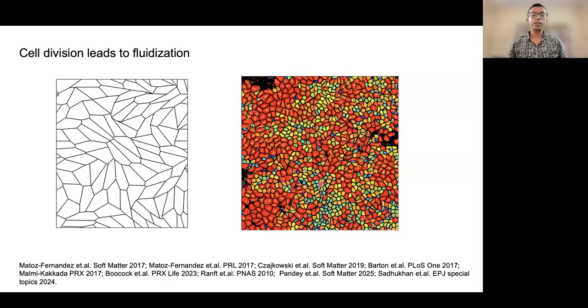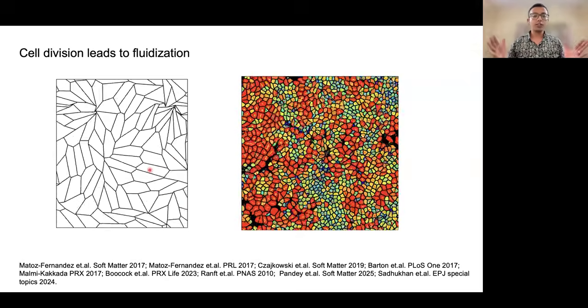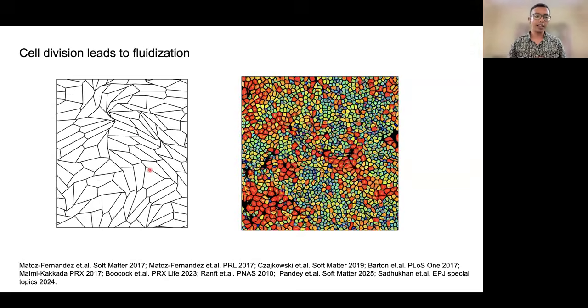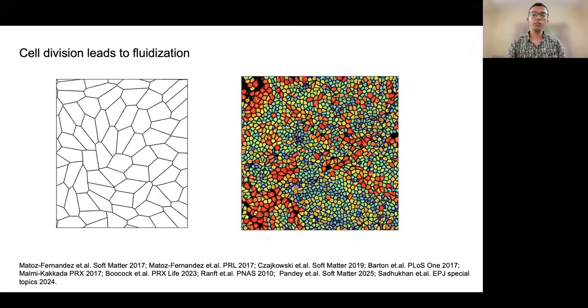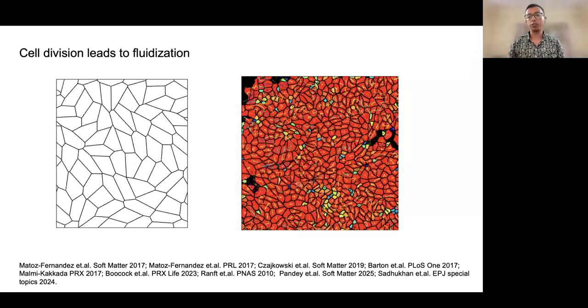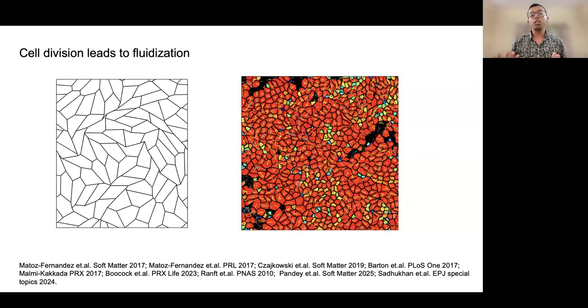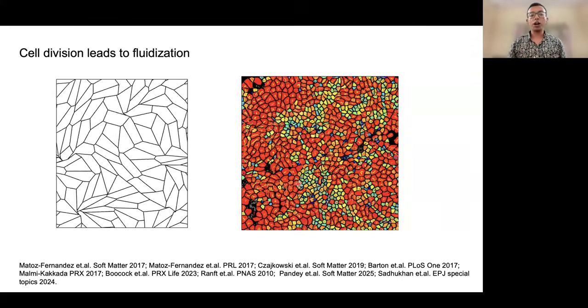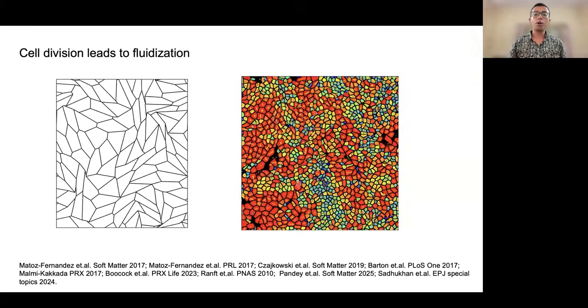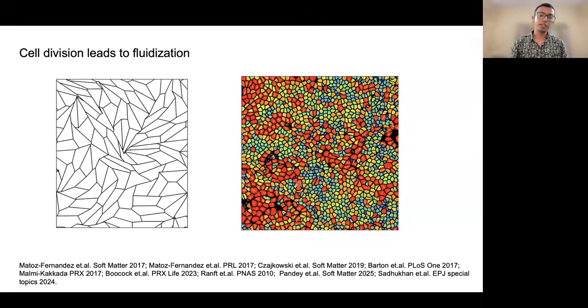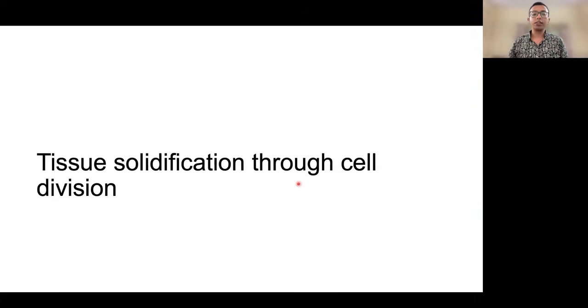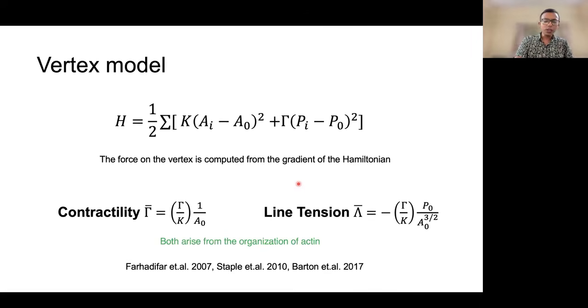What is even more interesting is that in the Vertex model the cells become highly anisotropic as the density increases, whereas in Sindhu's experiment the cells become more and more isotropic. So clearly, there is some issue with the canonical Vertex model that is preventing us from reproducing what we are observing in the experiment. That was the first thing we wanted to understand: how do we get tissue solidification through cell division from a modeling perspective?